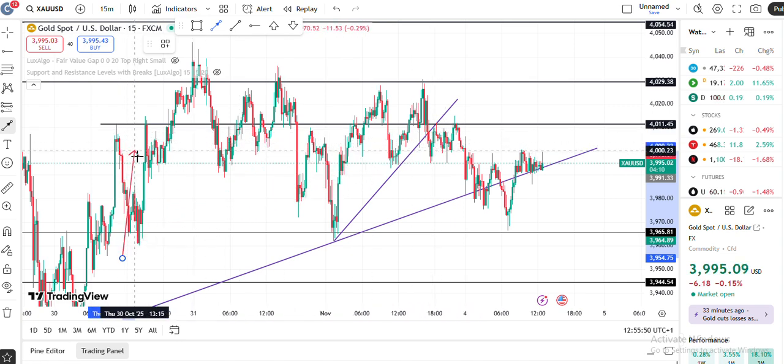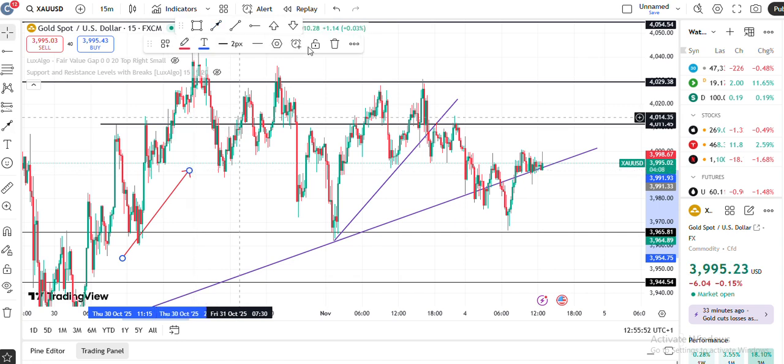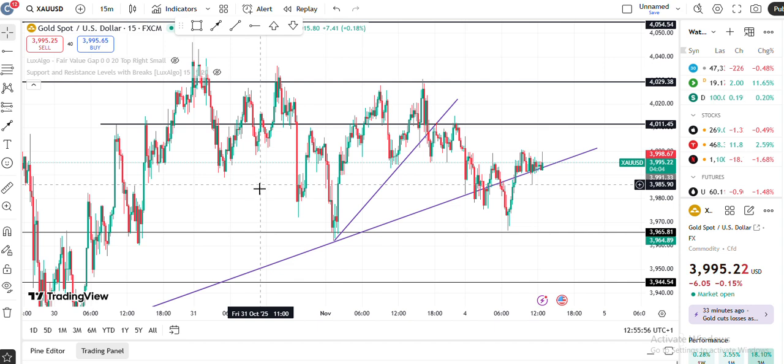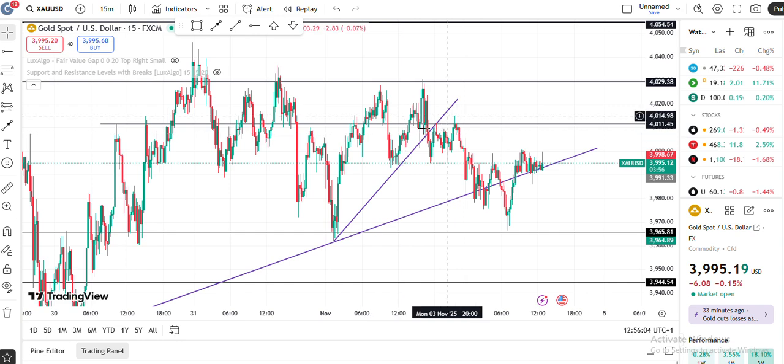So you want to first identify your key levels, mark out your chart with your key levels. And then once your key levels are in place, begin to put in your trend lines. The more confluence you have, the higher your rate of success.